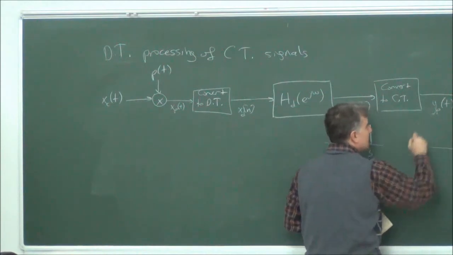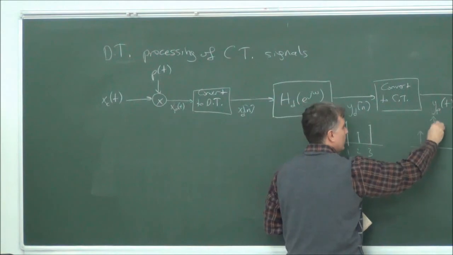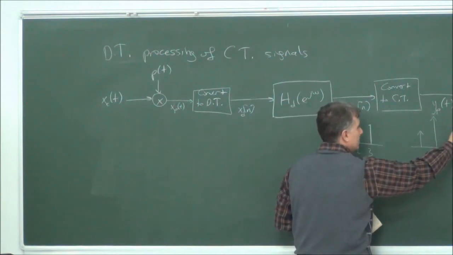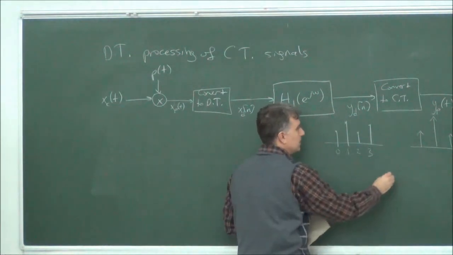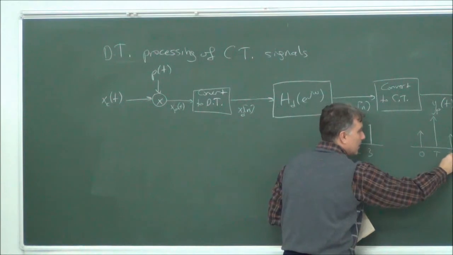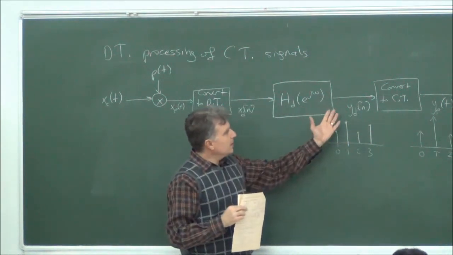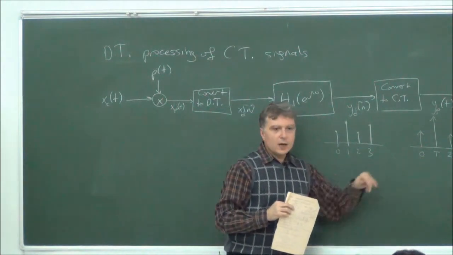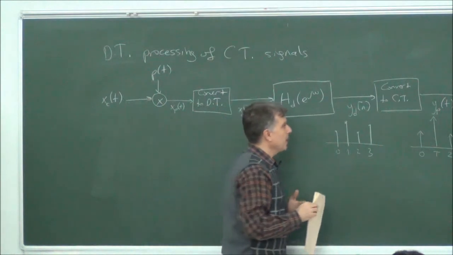But this signal consists of real continuous time impulses, this yp of t, and the separation between them are capital T. So for this conversion, you need to know the sampling frequency or the sampling period.